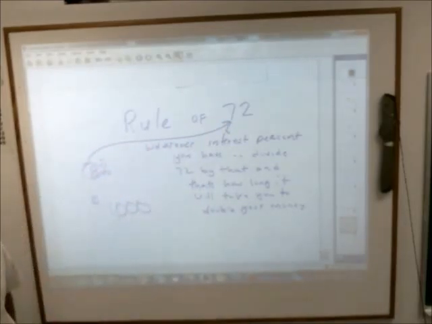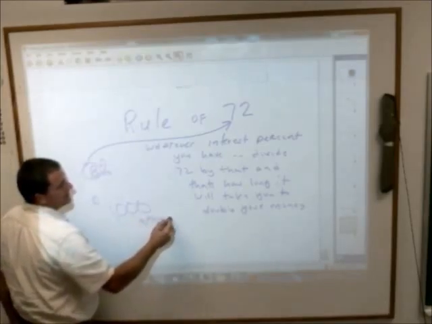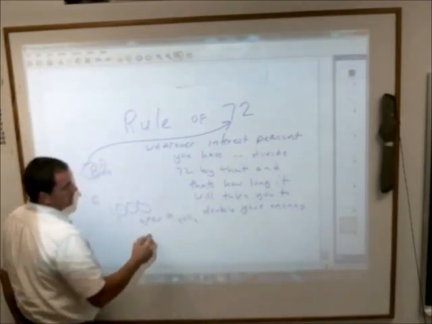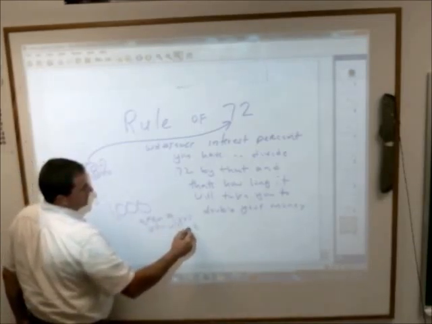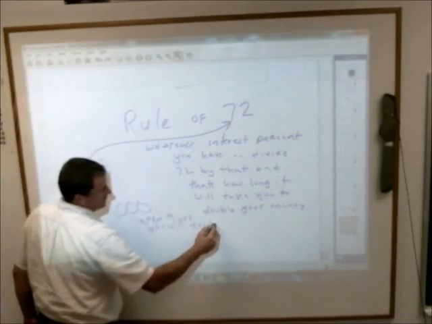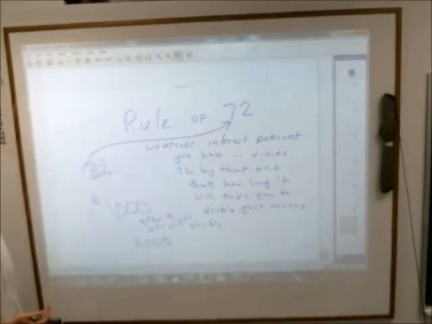What's 72 divided by 8? 72 divided by 8 is 9. What that says is after 9 years, you will double your money. Which means after 9 years, you'll have $2,000 in the bank. If you just get 8% a year.